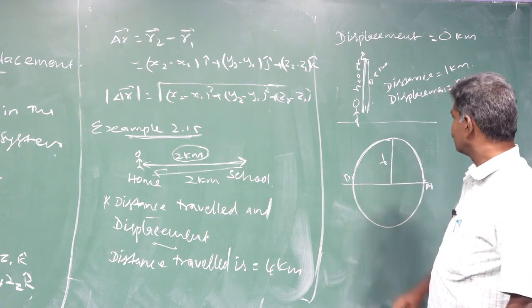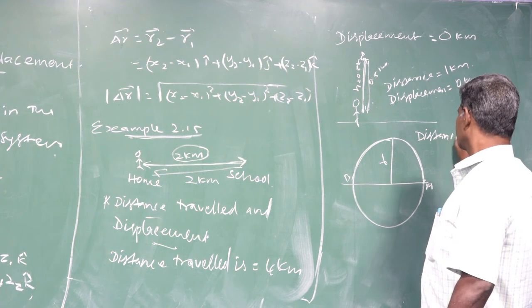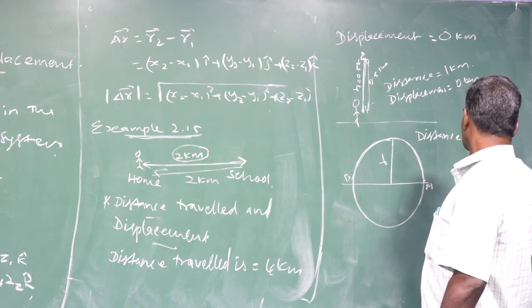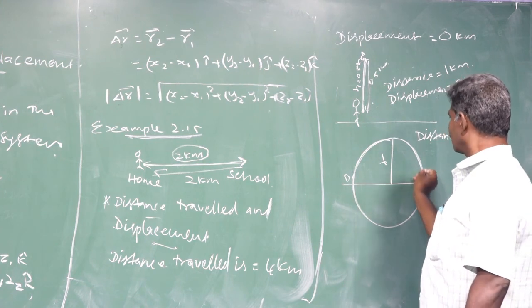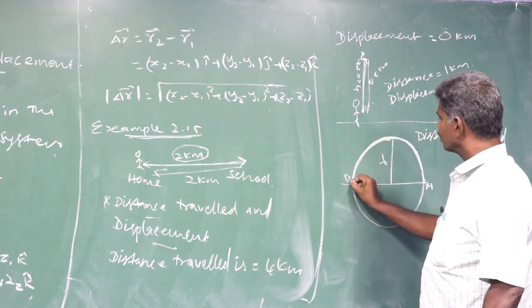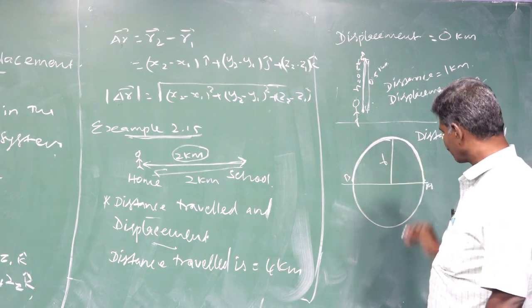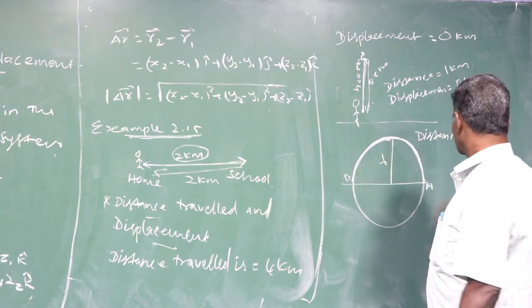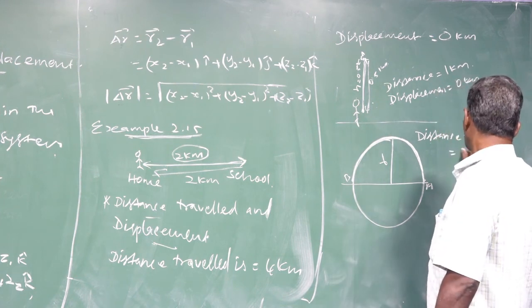What is that distance traveled? Distance traveled is nothing but the actual length of the path. The total circumference is 2 pi r. Half a circumference is 2 pi r divided by 2, that is pi r.